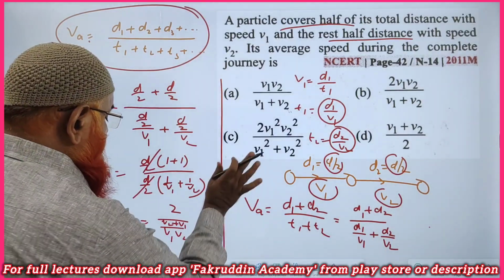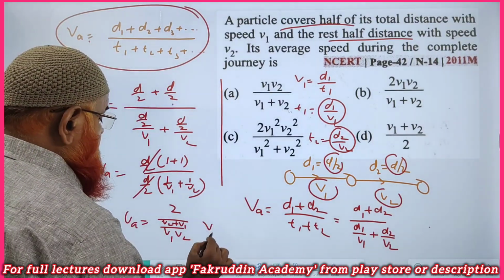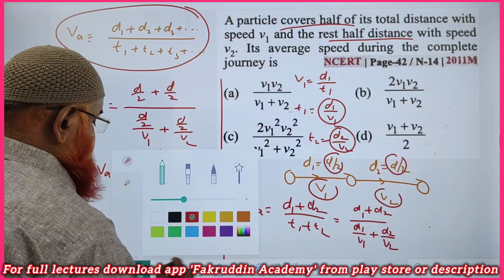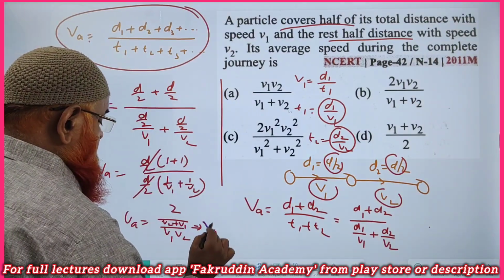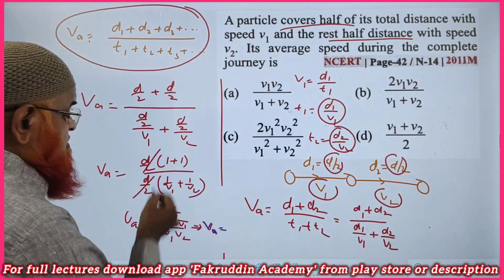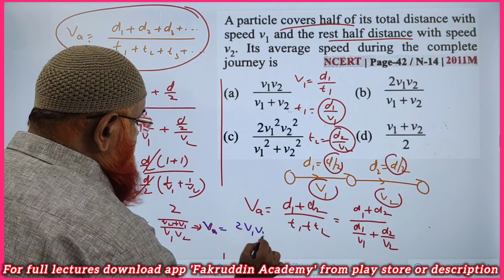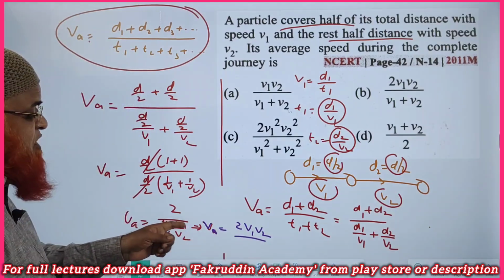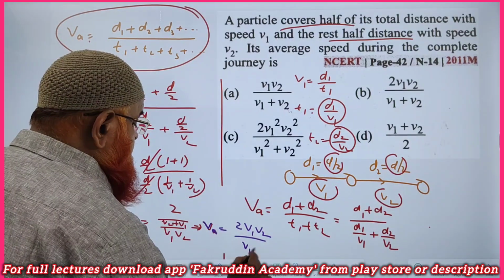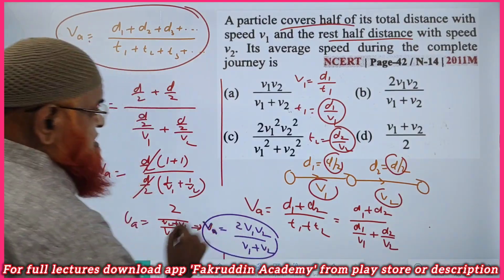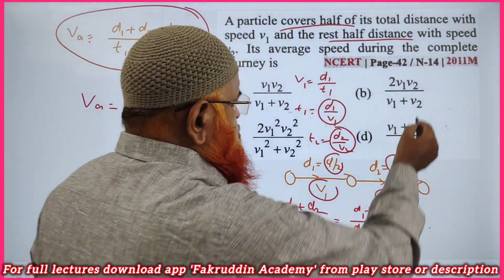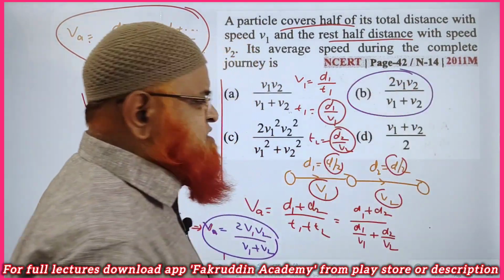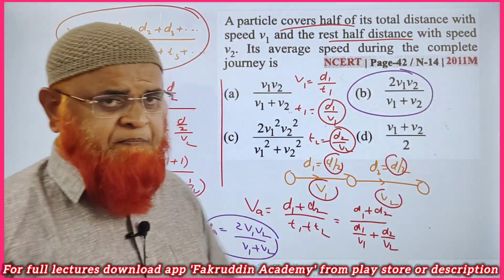So V average is equal to 2 v1 v2 divided by v1 plus v2. We got the answer, 2 v1 v2 by v1 plus v2, which is our correct answer, the B option.